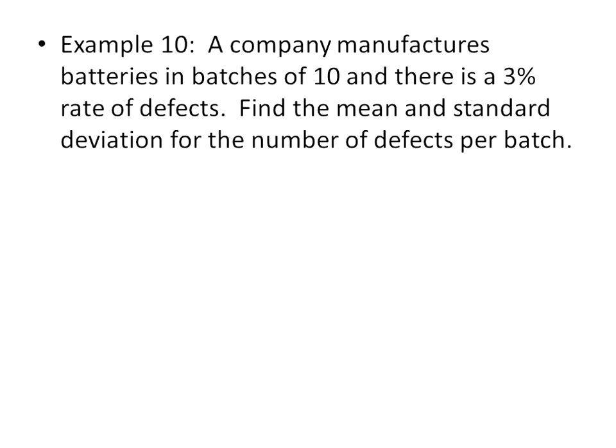So here's my last example. Yes, it is. We have a company that manufactures batteries in batches of 10, so that must be my n. We have a 3% rate of defect. So here our probability is 0.03. That's the probability of a success.